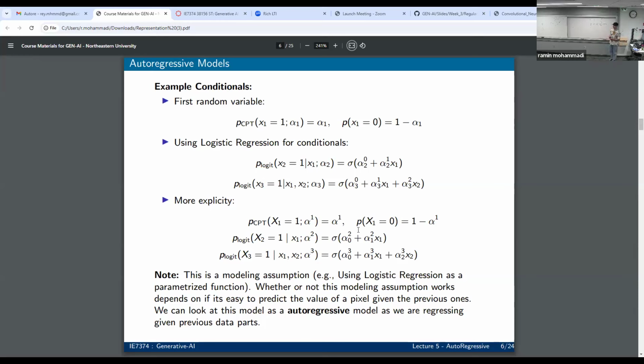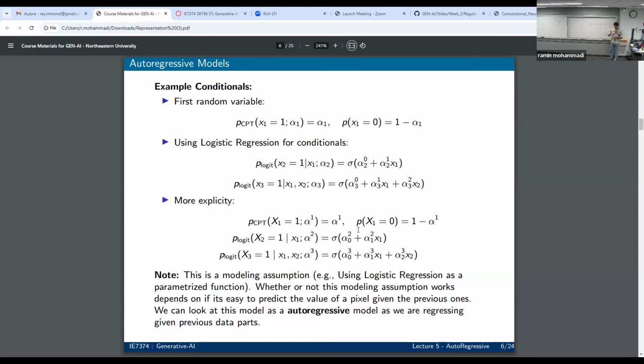But what you want to notice here is that this superscript 2 tells you that alpha here, just to make it easier, think of it as W. Alpha is just a weight that you are learning. So W2 means this W that you learn for bias and for weight is only for x2.